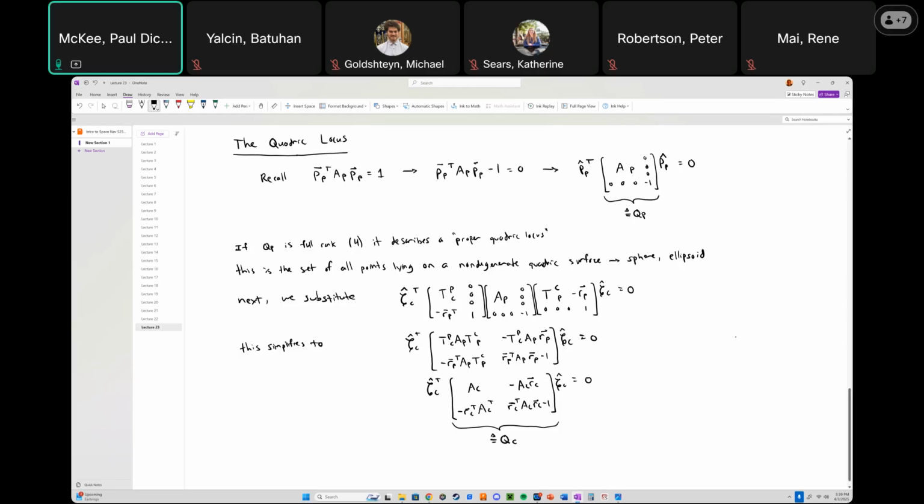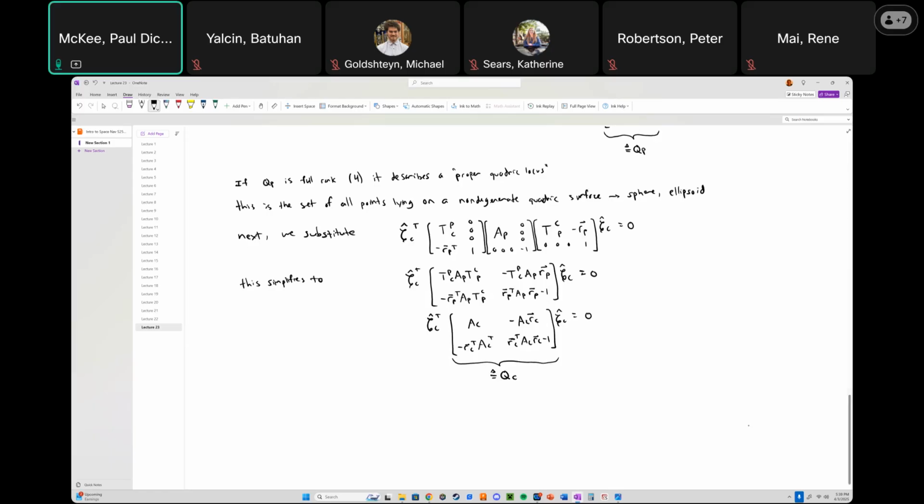Right? So now I'll say where QC is a 4 by 4 symmetric matrix describing the proper quadric locus in the camera frame.